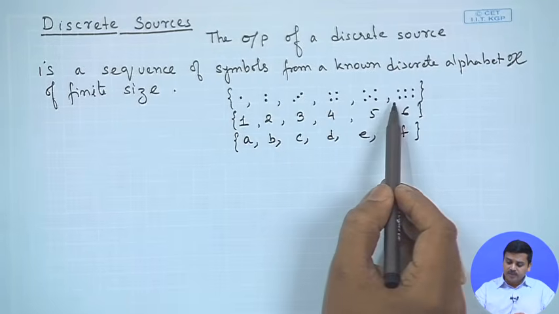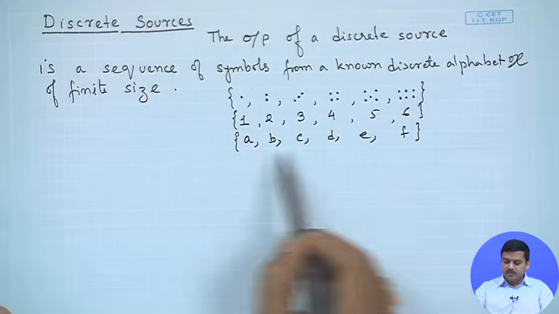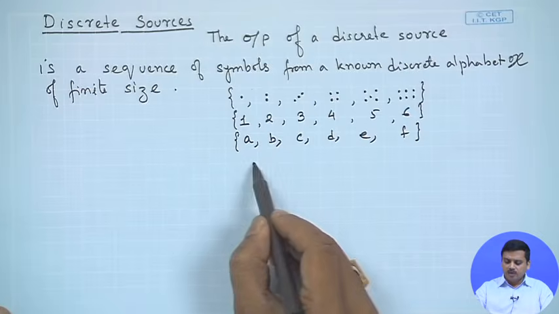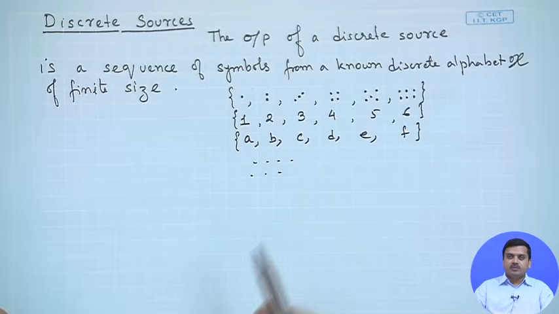It could be independent of this diagram, this sequence, this set of symbols, or any other set of symbols which you can think of. So what the source produces is a sequence, almost like you throw a die.